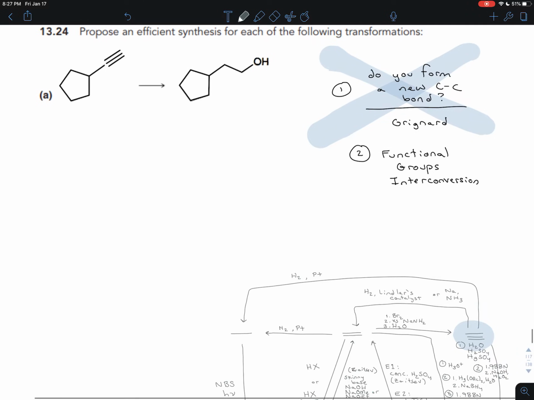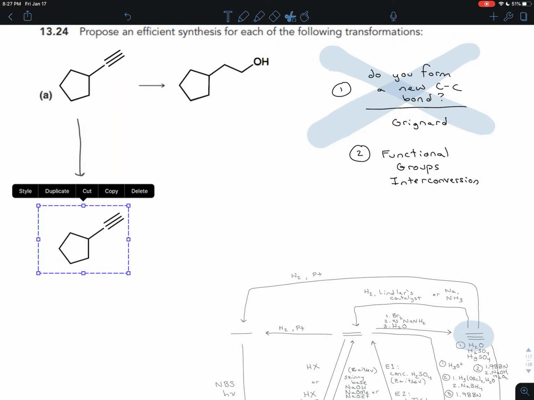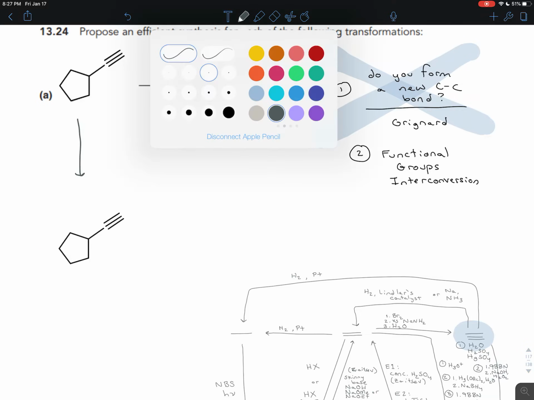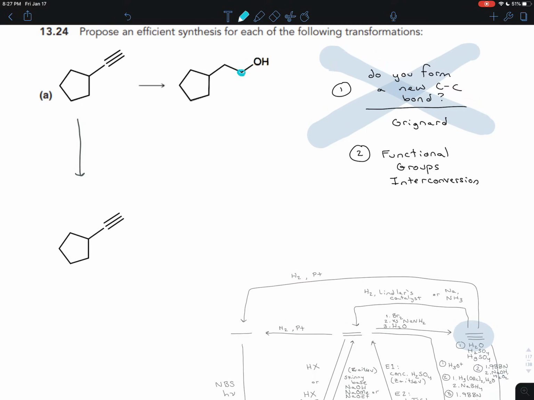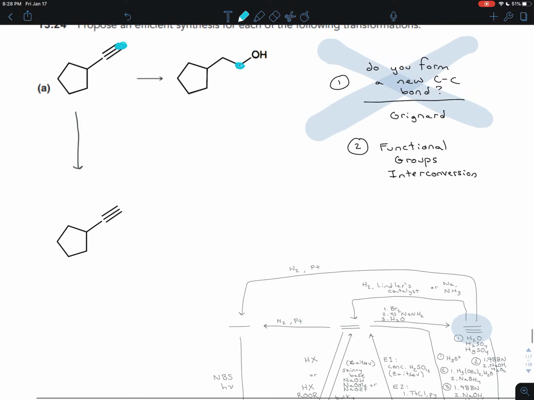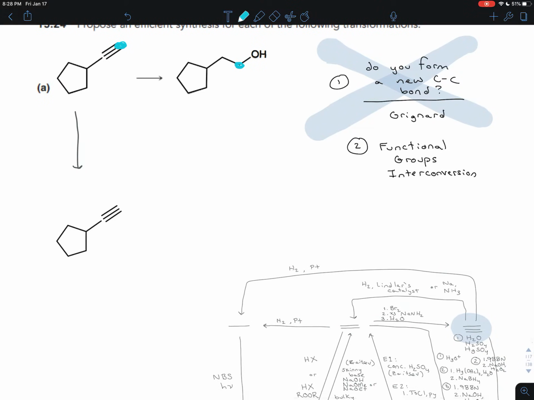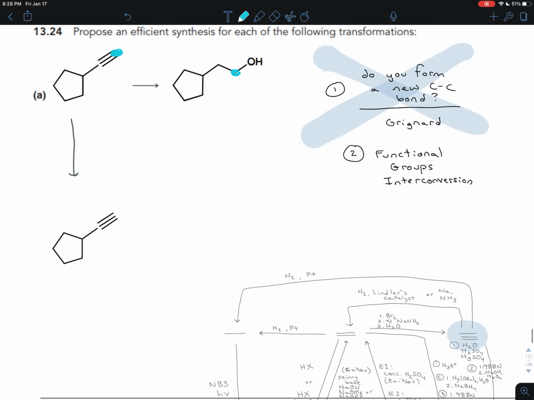So let's say you wanted to do the addition. So you take that same molecule, and what you want is you want to add an oxygen on this end carbon right here. That's where you want to add it.